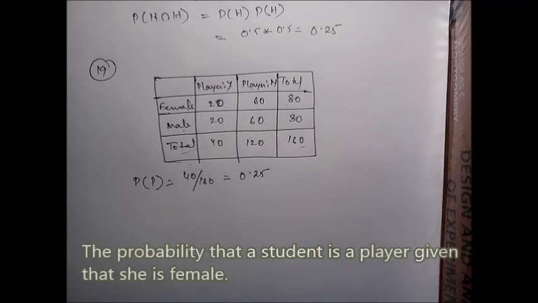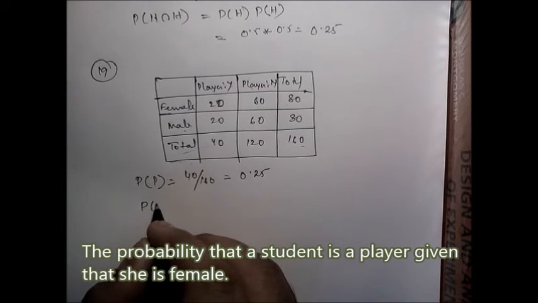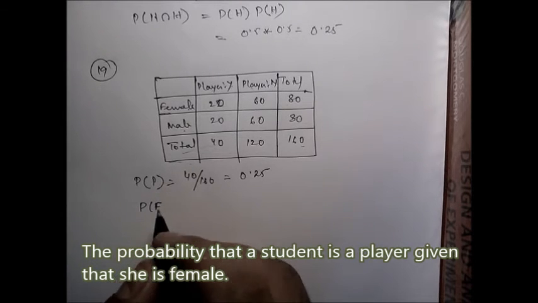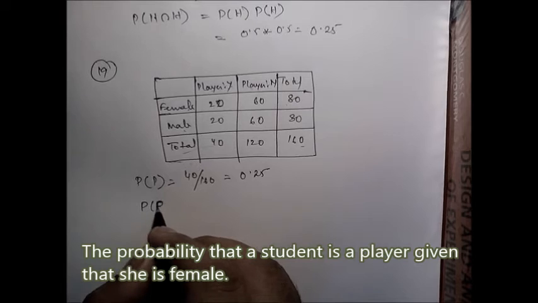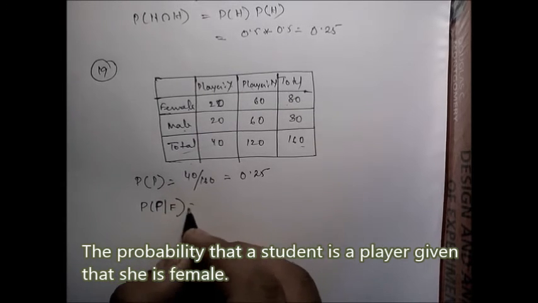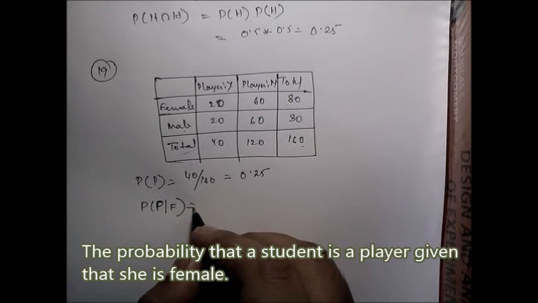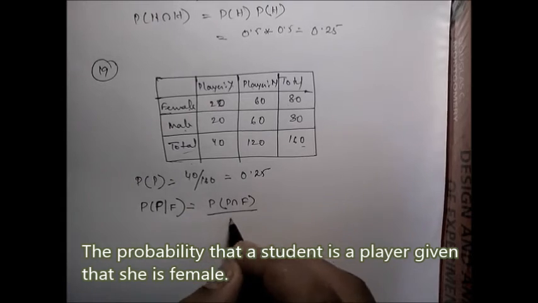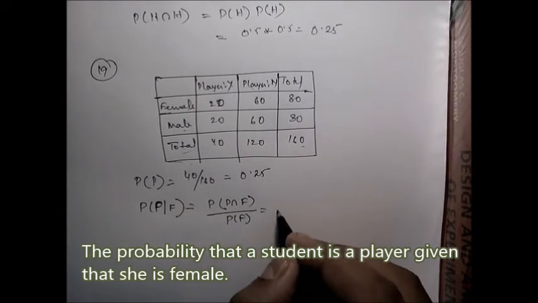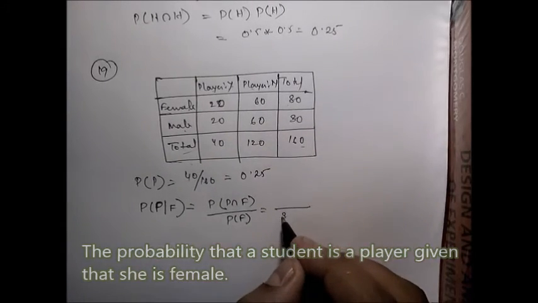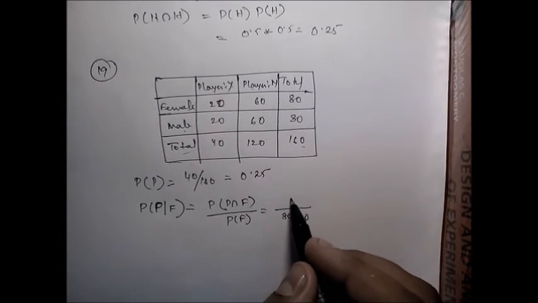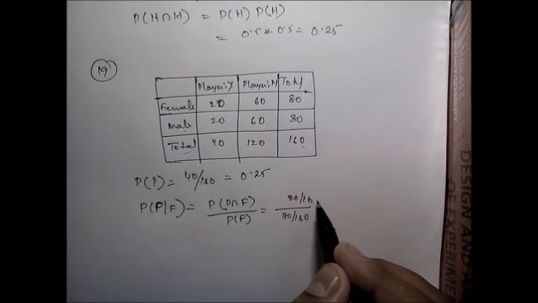Second question: a student is a player given that she is a female. So probability of player intersection female divided by probability of female. Probability of female is 80 by 160. Female and player is 20 by 160.